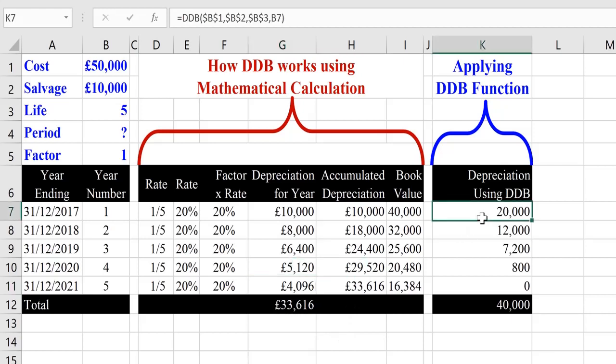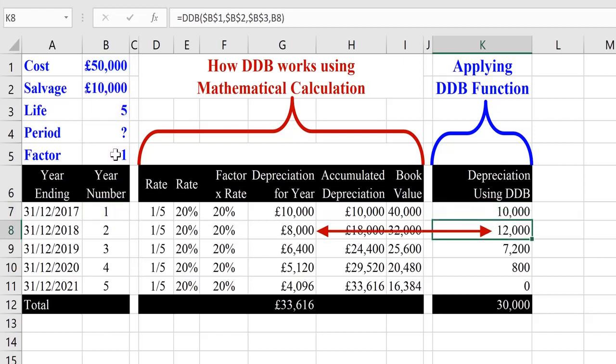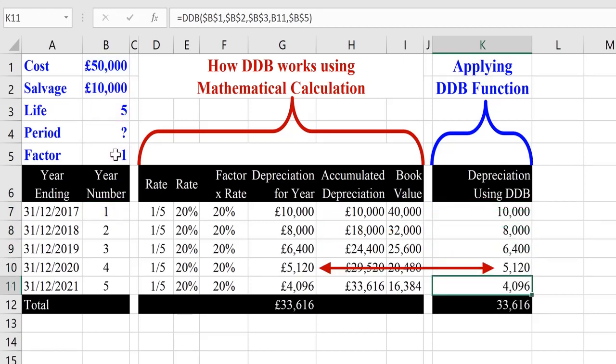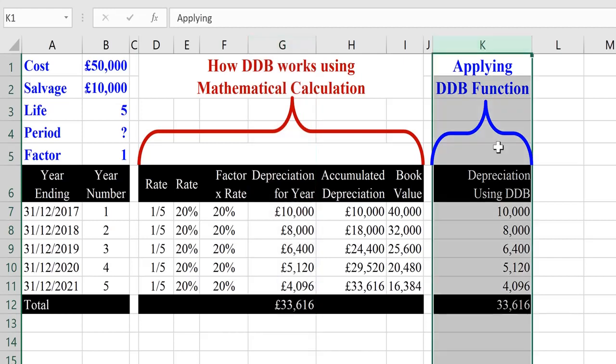In this case we can see that we need to add the factor. So comma, factor is here. Factor means multiple of the depreciation rate. So the depreciation rate multiple should be 1, and in this way we can get the depreciation, and this depreciation is the same as what we calculated in column G.